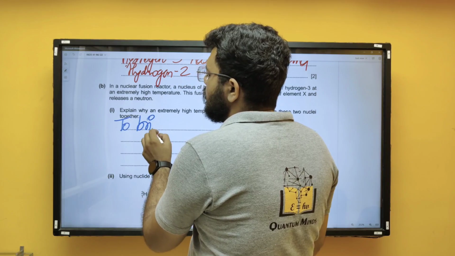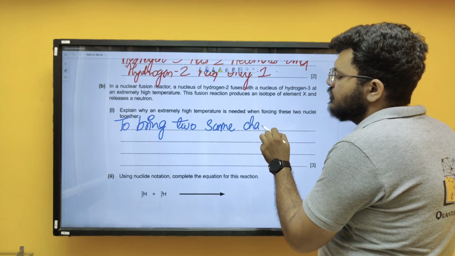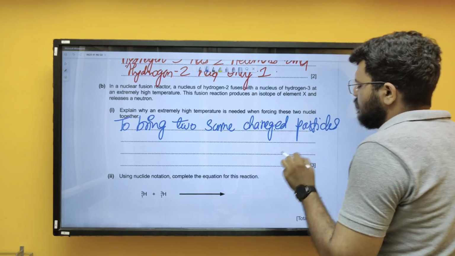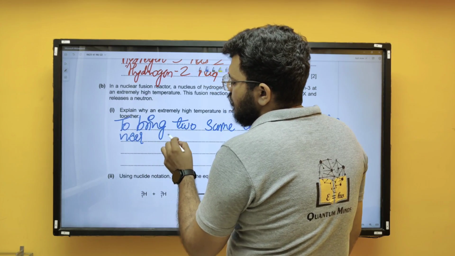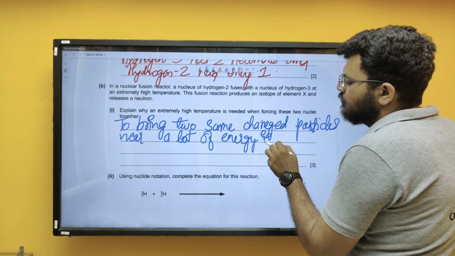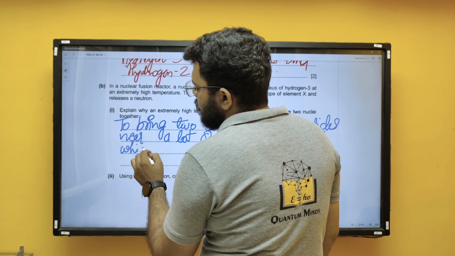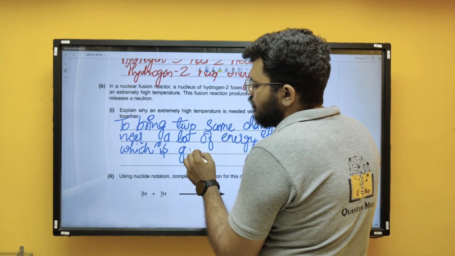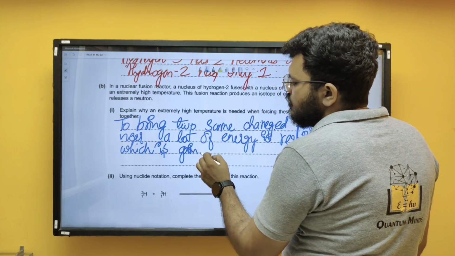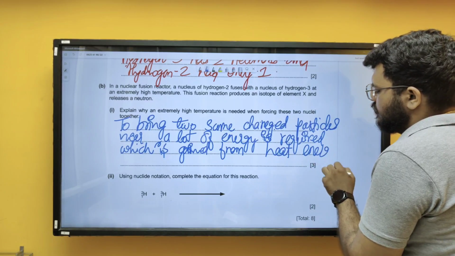To bring two same charged particles near, a lot of energy is required, which is gained from heat energy, right?